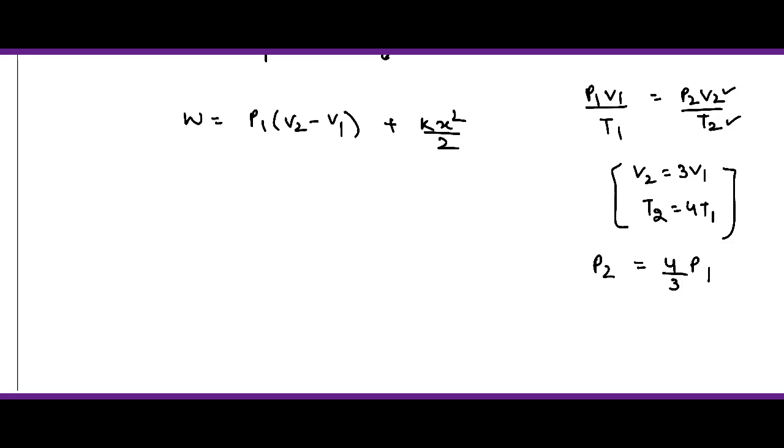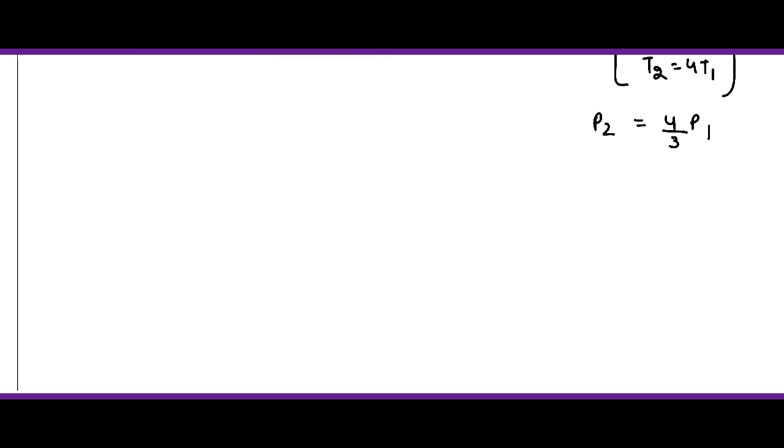Okay, similarly by using the equation V2 equals V1 plus AX, my final volume is equal to the initial volume plus AX, which is the volume because of the spring.